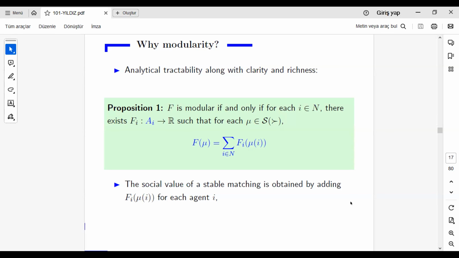So f sub i is how the achievement of agent i is assessed. By the way, this assessment is understood to be done by a socially minded center or decision maker.